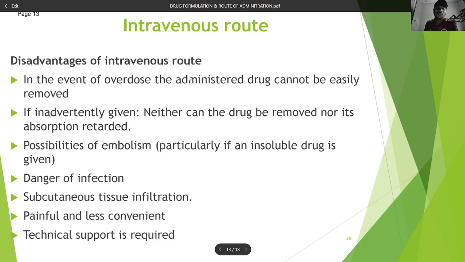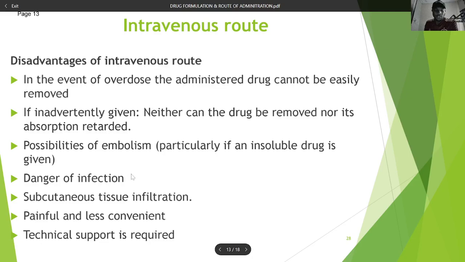Disadvantages of intravenous routes: in the event of overdose, the administered drug cannot be easily removed. That makes a lot of sense. If inadvertently given, neither can the drug be removed nor its absorption retarded. Possibility of embolism is there, particularly if an insoluble drug is given.